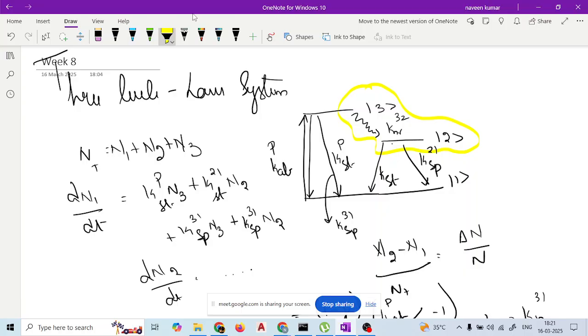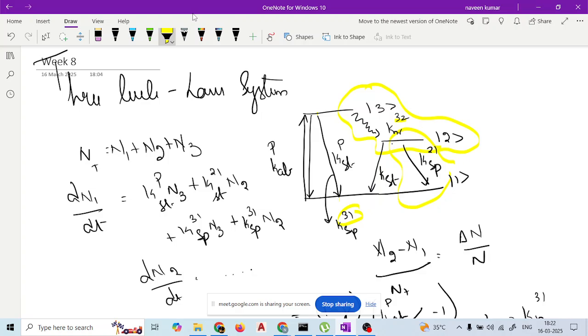Spontaneous emission is happening from the third level to the second. You can see that here. And spontaneous emission is also happening from state 2 to state 1. One is non-radiative and another one is 2 to 1. When we see this, we find different numbers: 3 to 1, 3 to 2, and 2 to 1.